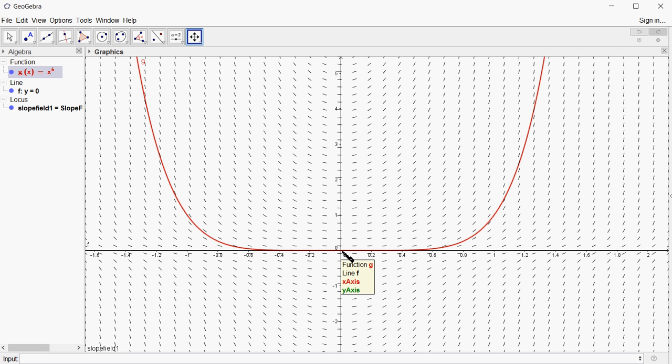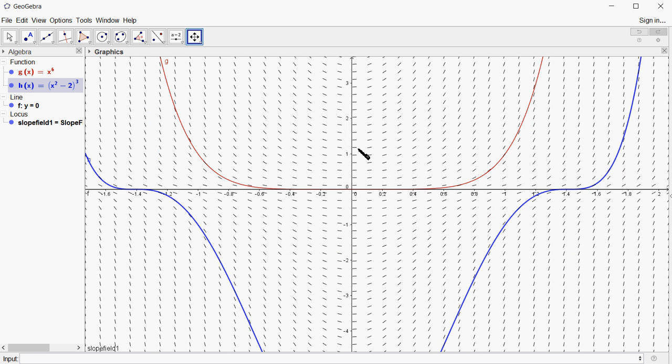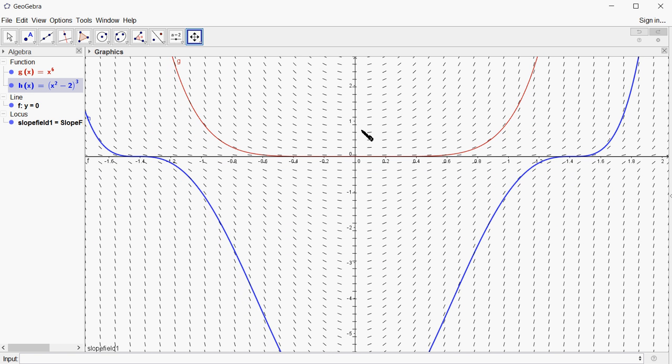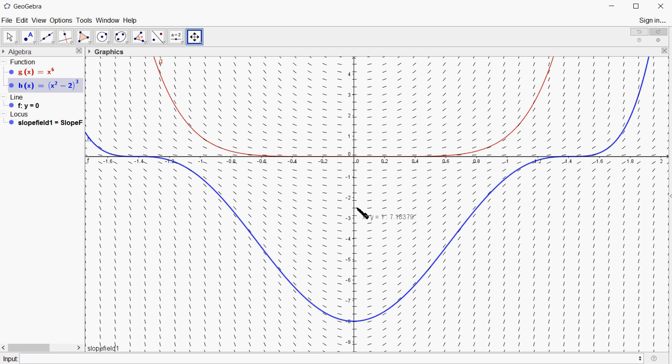All right, then another family of solutions, we can play around with it. Say you have x squared minus, say, 2, cubed. This is going to be another solution. It's a funky-looking solution curve here. Maybe we can make it a little bit smaller so you can see the curve better.